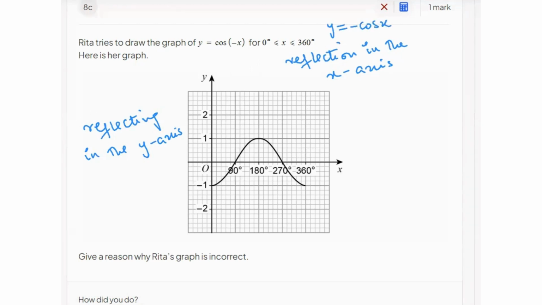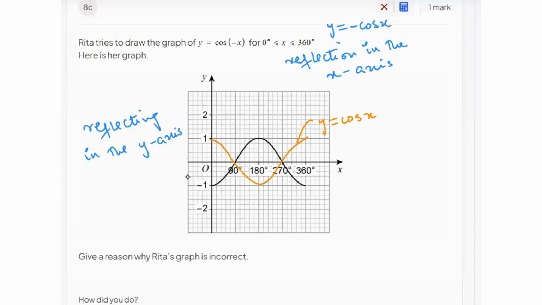So to draw the graph of y equals cos of negative x, first, let's draw the original graph. This is the original graph. This is y equals cos x. Y equals cos of negative x is going to be like this.